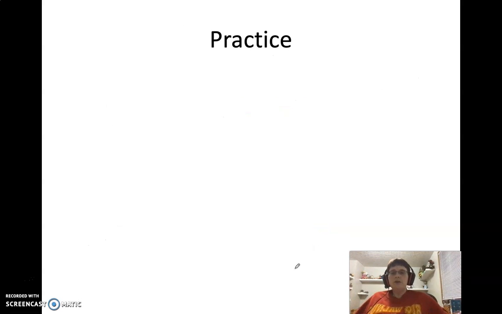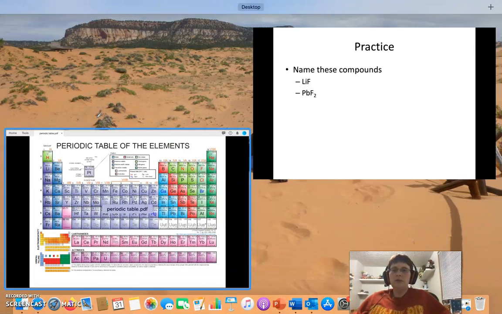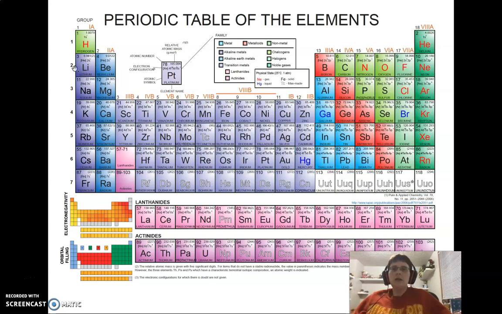All right, so it shouldn't be a surprise that we're going to have a little bit of a practice section. First is naming compounds. I've got 2 here, and these both contain fluorine. The first one I will help you out with, and then I want you to look up the second one and name it. The first one, Li, is lithium. It's in the first column of the periodic table, the 3rd element.